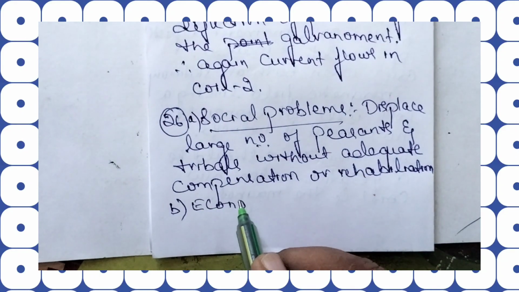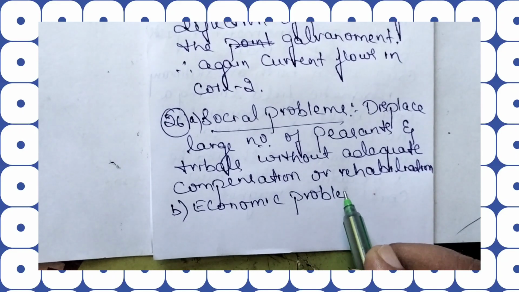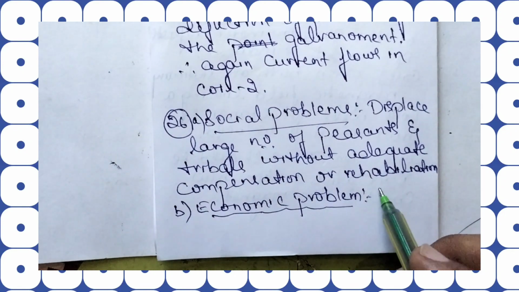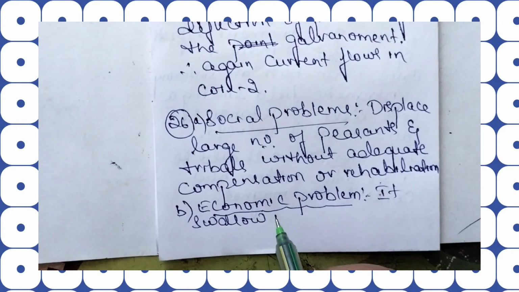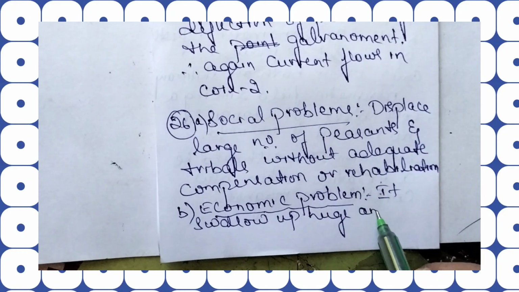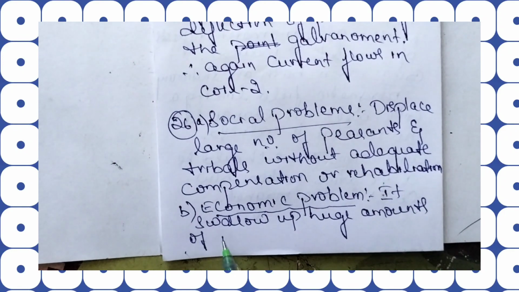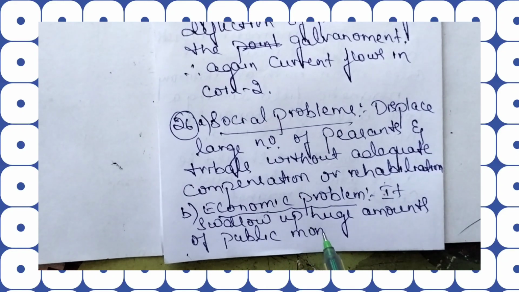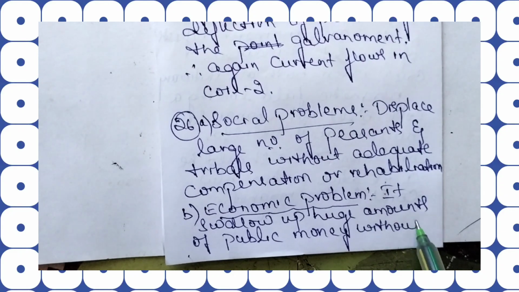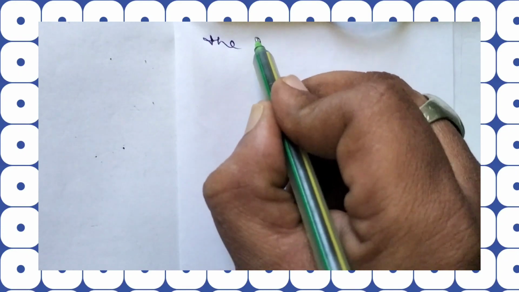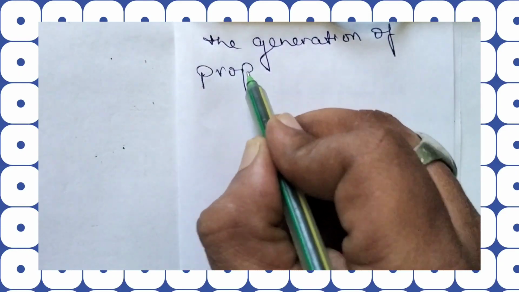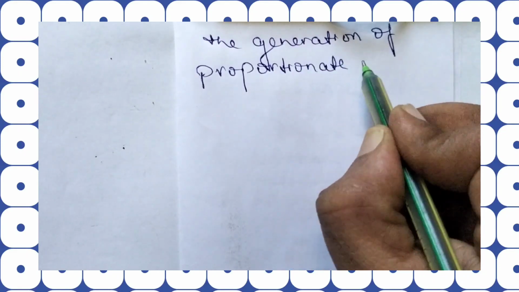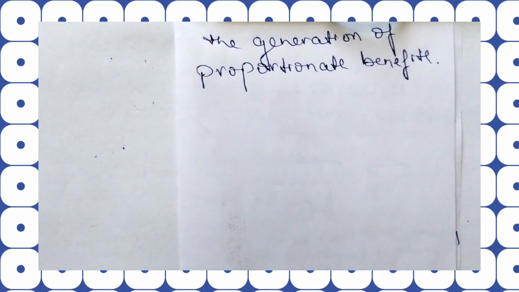So when it comes to economic problem, construction of a dam is a huge project. Construction of a large dam swallows up huge amounts of public money without the generation of proportionate benefits. If you invest a huge amount for one project, then what about the amount for the remaining projects?